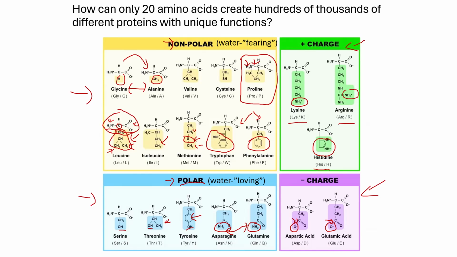Non-conservative mutations, on the other hand, are when we change either the structure, so say going from an alanine to a tryptophan, or when we're changing the chemistry, so say we're going from a valine to an arginine. So we're changing the chemistry, the charge, the polarity, or the structure.